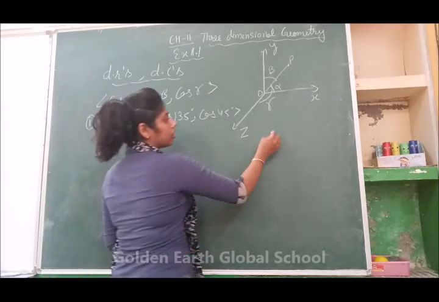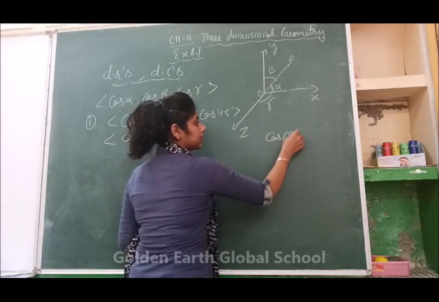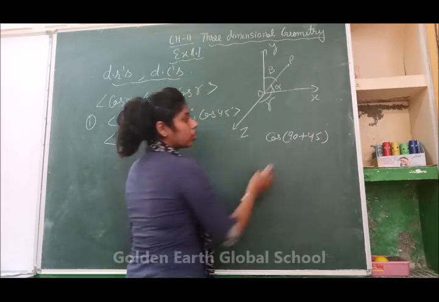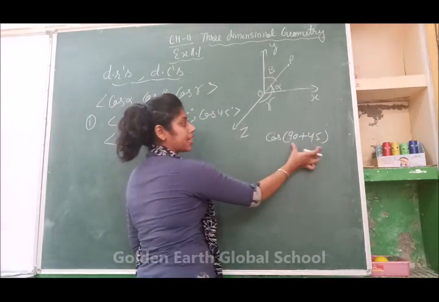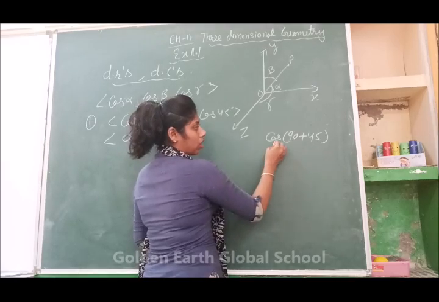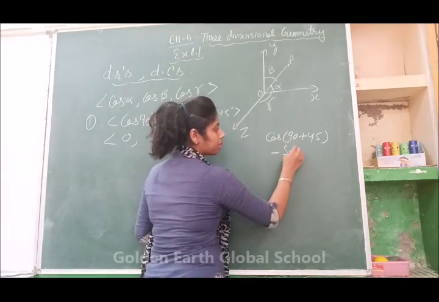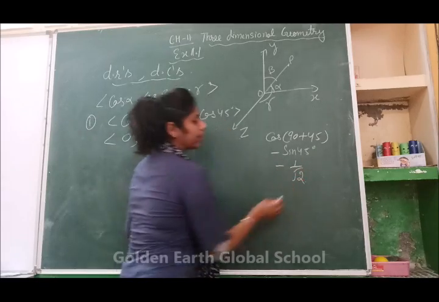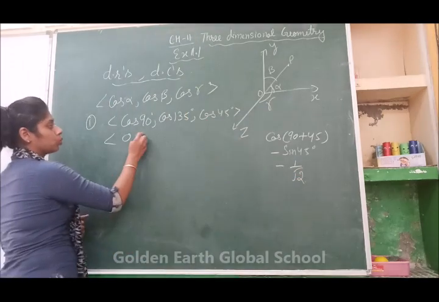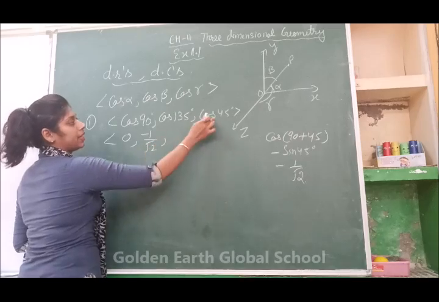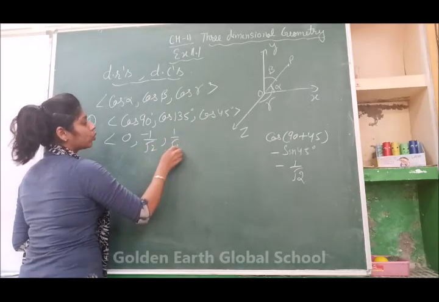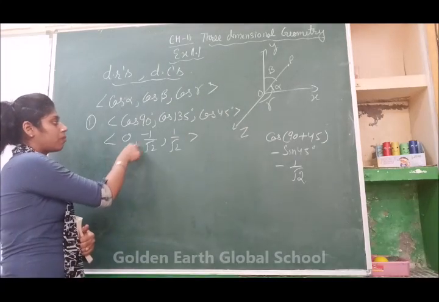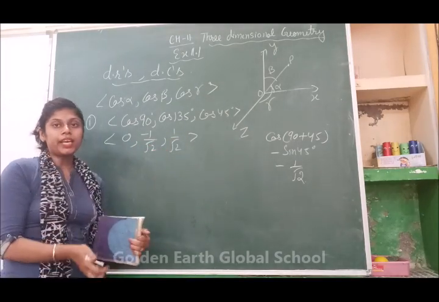Cos 135 can be written as cos of 90 plus 45, which is in the second quadrant, so it is minus sin 45, so the value is minus 1 by root 2. Similarly, cos 45 we know is 1 by root 2. So the direction cosines are 0, minus 1 by root 2, 1 by root 2.